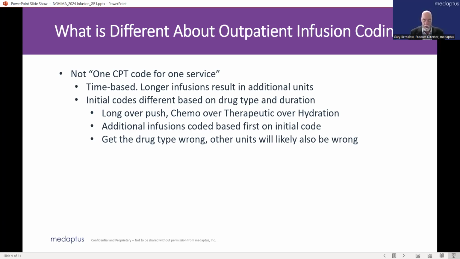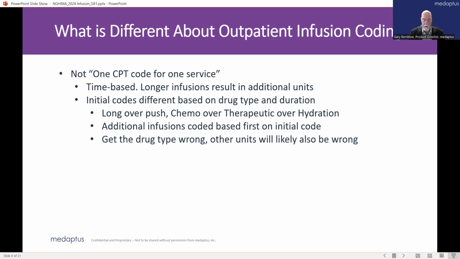Since the coding for infusion services is determined by duration, type of drug that was infused, route of administration, and some other factors, and because it's essentially based on the duration of the infusion, that duration must be calculated to the minute.